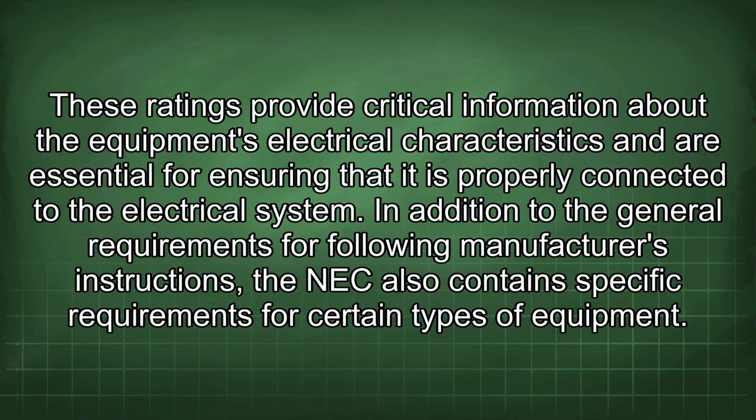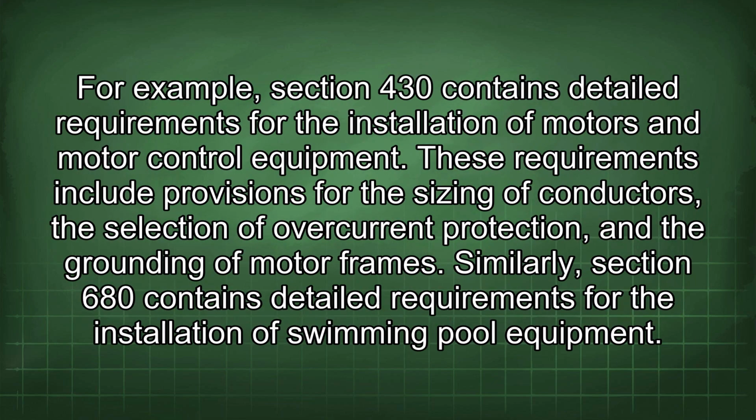In addition to the general requirements for following manufacturer's instructions, the NEC also contains specific requirements for certain types of equipment. For example, Section 430 contains detailed requirements for the installation of motors and motor control equipment. These requirements include provisions for the sizing of conductors, the selection of overcurrent protection, and the grounding of motor frames.